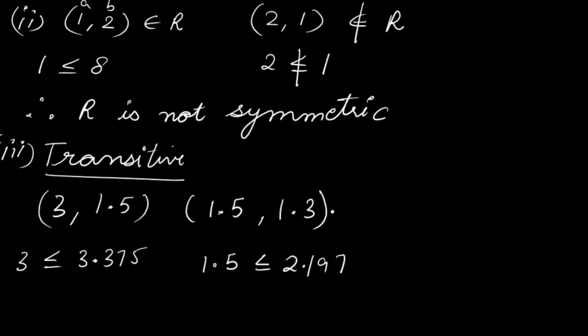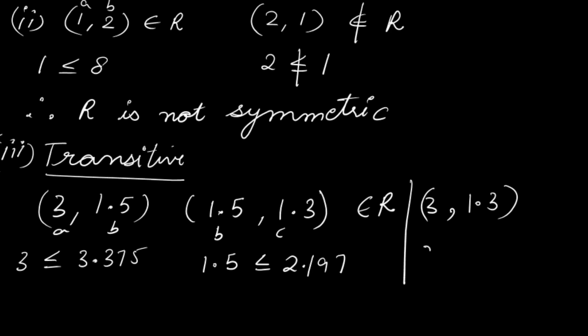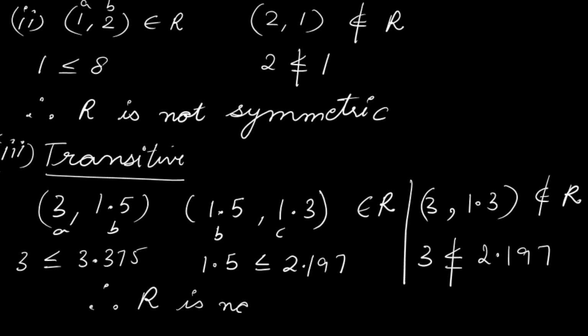So both of these belong to R. This is A, B, and this is B, C. Now we have to check whether AC belongs to R. A is 3, C is 1.3. We can see 3 is not less than or equal to 2.197. It is greater. So this ordered pair 3 comma 1.3 doesn't belong to R. Therefore, relation R is not transitive.